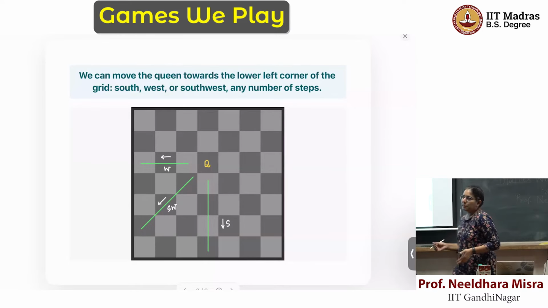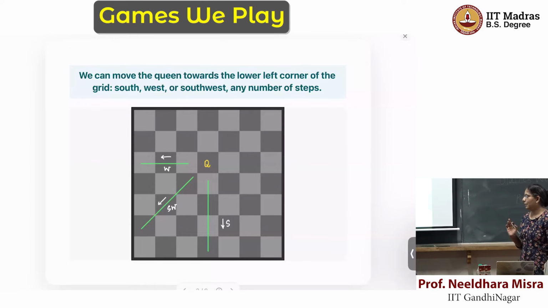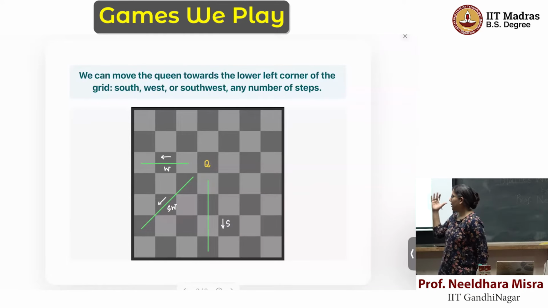And it can move as many steps as you like in any of these directions. So it's like a queen, except a slightly handicapped queen which cannot go in some directions. It cannot move up, it cannot move right.